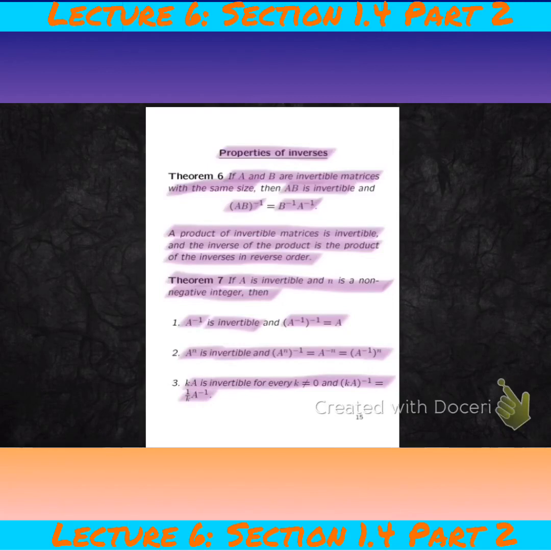Okay, and you can also see why that's true. If you take kA, then we want to ask, what is the matrix that I have to multiply with kA to give me the identity matrix? Now, if you take 1 over k times A's inverse, remember the scalar multiplication laws for matrices.